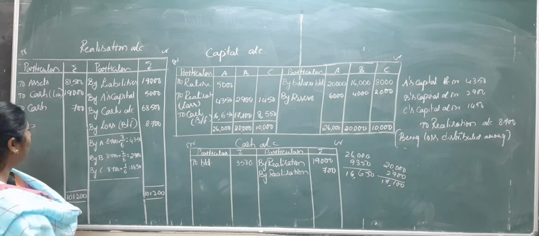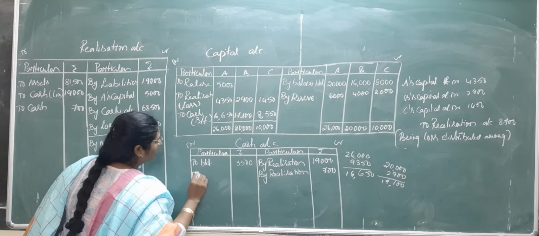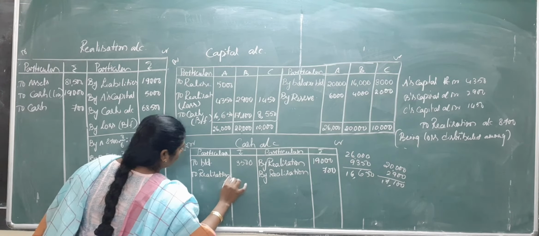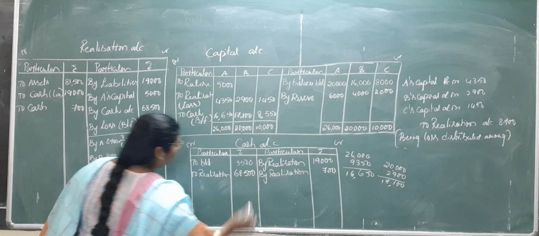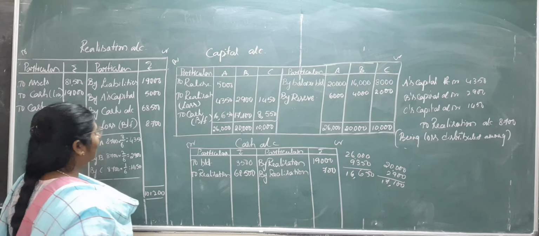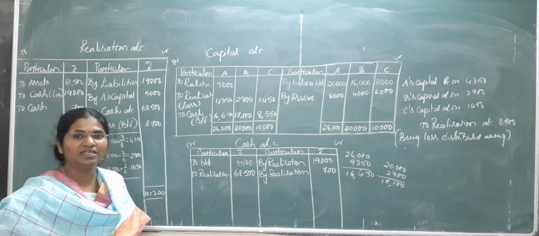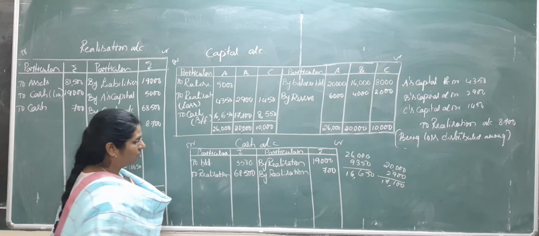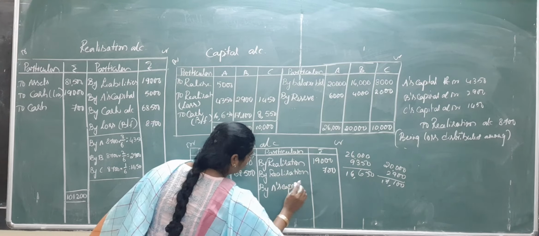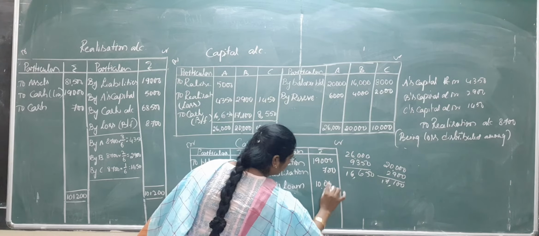Here we have one more amount, that is cash received, and cash received here is for assets to realization 68,500. Okay, done. Now one more amount is there, that is A's loan is paid by cash. So write here by A's loan account, that is 10,000.